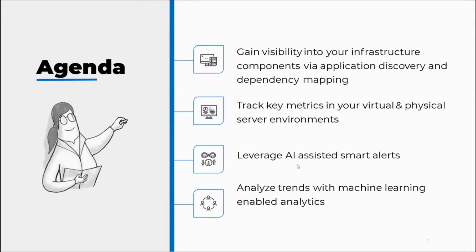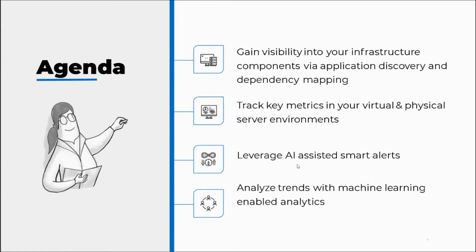So the agenda is split into 4 different topics, where primarily we will be discussing gaining visibility into the infrastructure components with the use of application discovery and dependency mapping. Up next, we will be seeing the key performance metrics of both your physical as well as virtual server environments, followed by looking at how Applications Manager helps you with leveraging smart alerts, that is, with the help of the AI-based options.